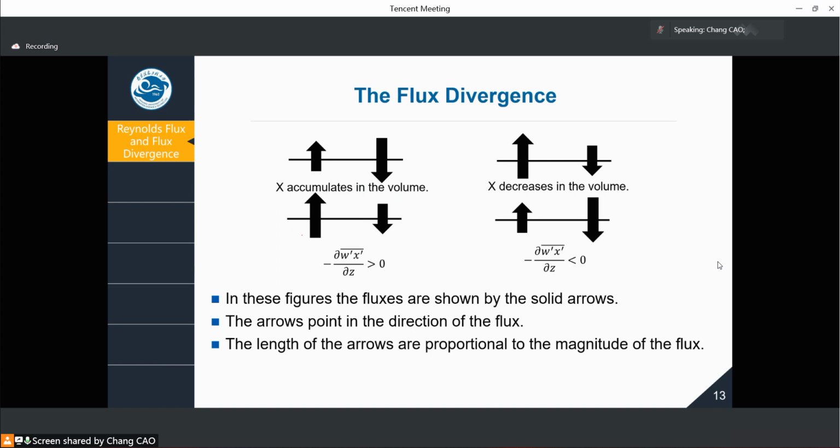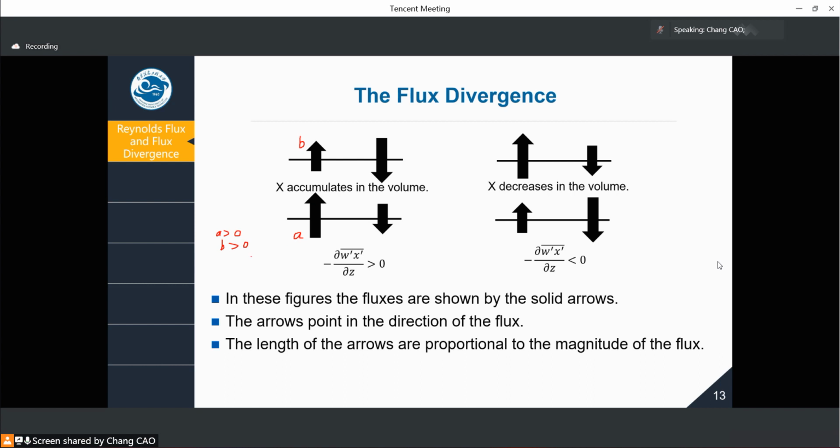Suppose the flux this arrow represents is A, and the flux represented by this arrow is B. We know that these arrows are upwards, so A and B are both bigger than 0. Can you understand this?